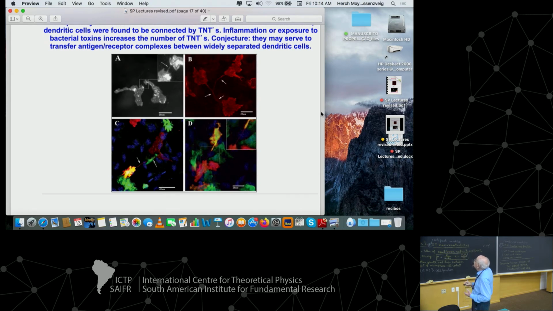And as you increase the antigen, say the bacterial toxin, you increase the number of TNTs. So the conjecture is that they may serve to transfer antigen receptor complexes between widely separated dendritic cells, which are the cells that appear here. Okay.